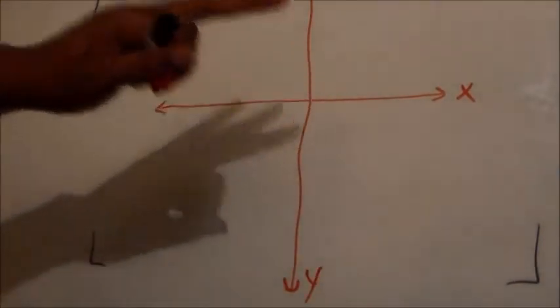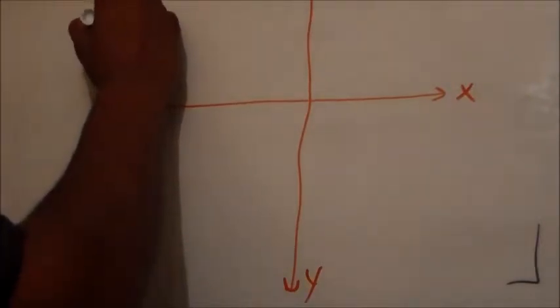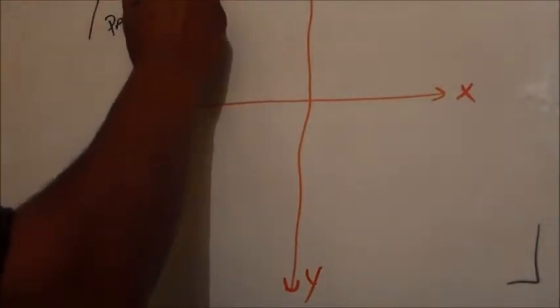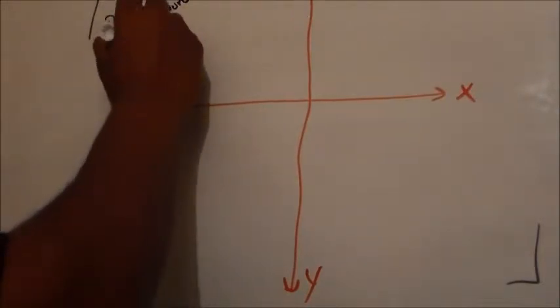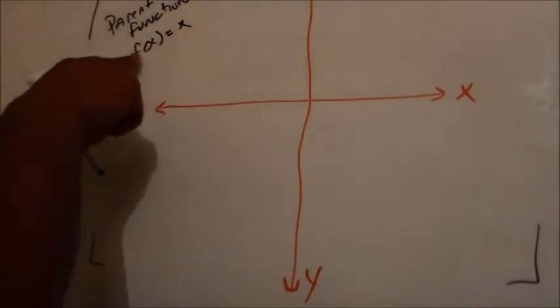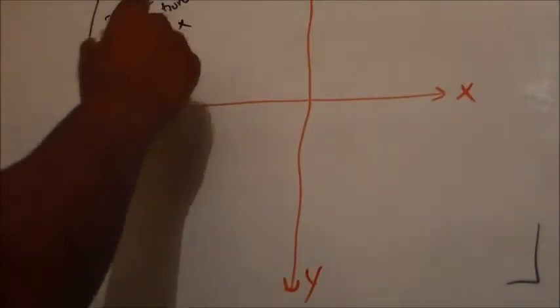So we have our x-axis and our y-axis. And what we need to do is, first off, the parent function, I'll just put it over here. Our parent function is f of x equals x. I know this might look a little crazy, but don't worry about that, because remember, we just think of f of x as y.